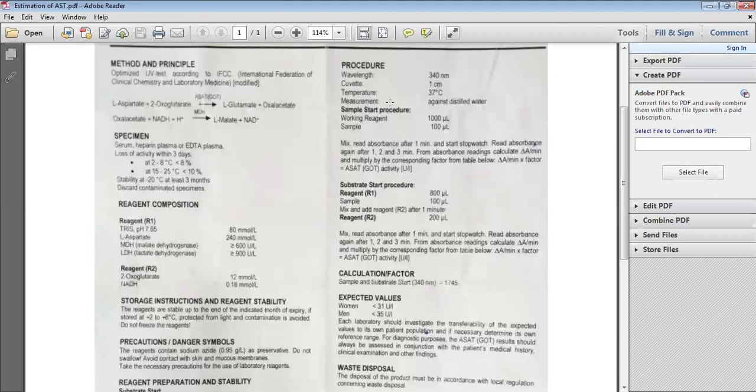First of all, how will you prepare the working reagent, and how will you proceed with this experiment? We will proceed using the substrate start procedure.